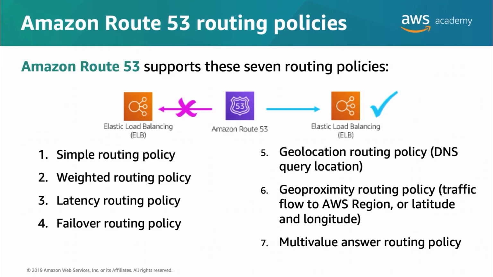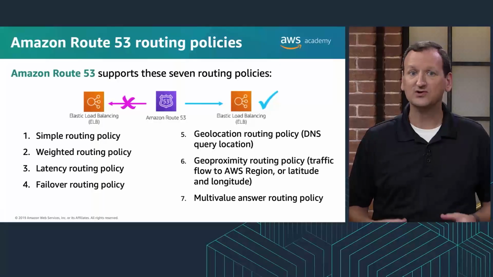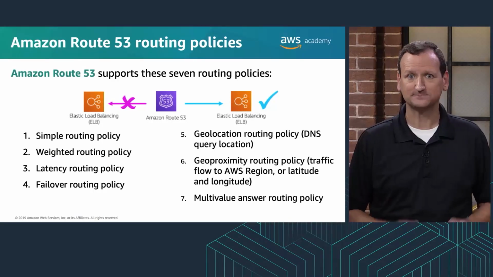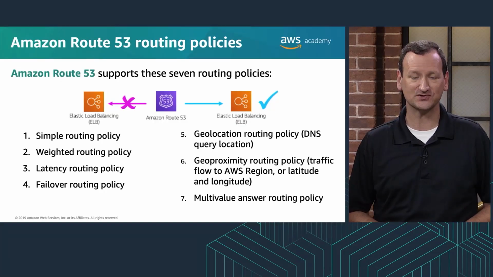You can use this to route traffic to multiple resources in proportions that you specify. You can also use a latency routing policy, which routes traffic to the region that provides the lowest latency. To set up active-passive failover, you can use a failover routing policy. You can also use a geolocation routing policy, which routes traffic based on the location of your users.